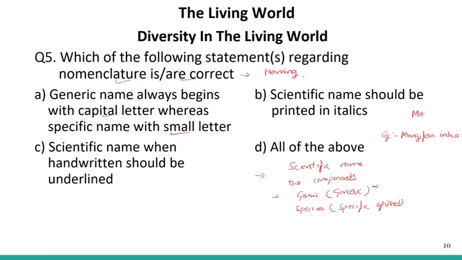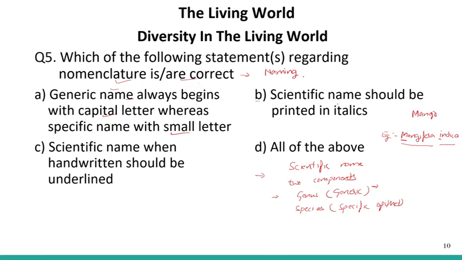Here you can see the generic name starts with a capital letter, whereas the specific epithet starts with a small letter, and they should be underlined separately. So the first option is correct then: generic name always begins with a capital letter, whereas specific name with a small letter.